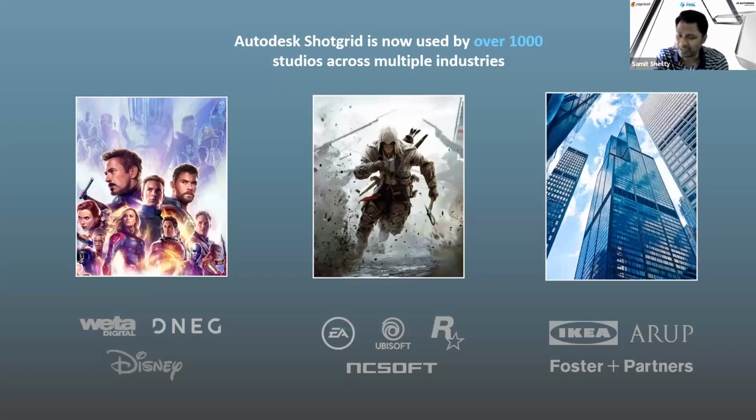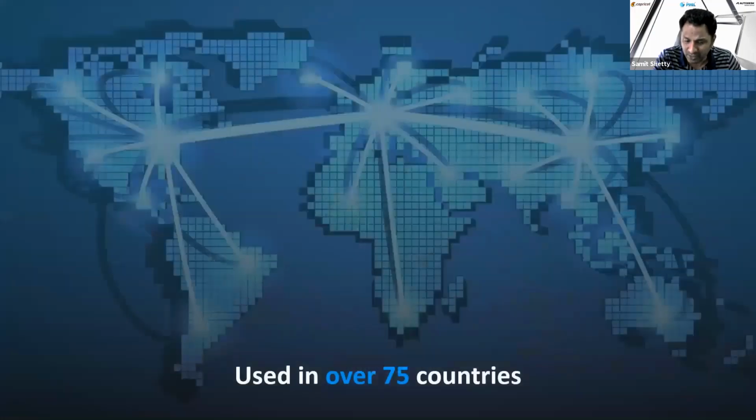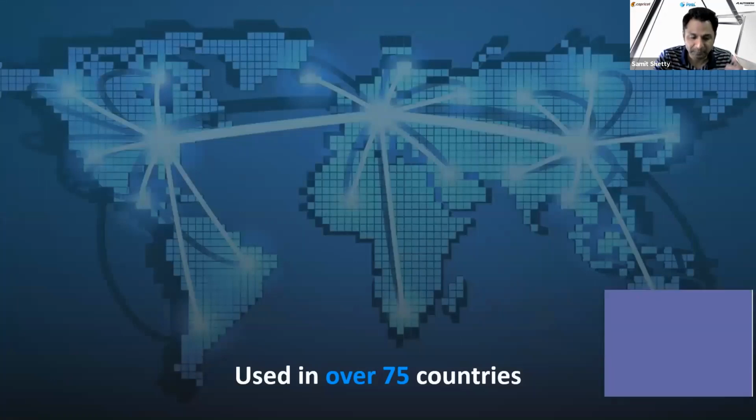Now, let's talk about the media and entertainment, because we know a lot of our colleagues today are from the media and entertainment side. These are the industries which are using ShotGrid. And this is, again, in the last few, like 6 or 8 months, the footprint of ShotGrid has even more increased. This is the old data which I'm sharing, and you can even see IKEA, which is not a media and entertainment company, but they're using ShotGrid to coordinate and do a very good asset management.